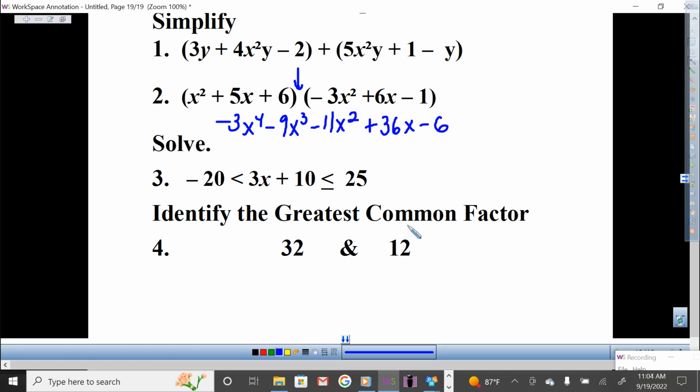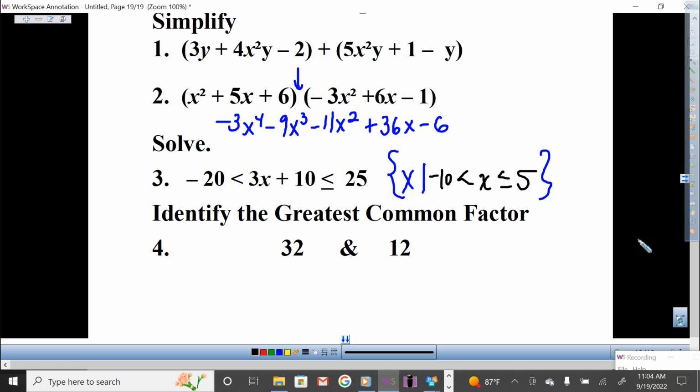Number 3, what'd you get for number 3? Noel, solution set of x such that negative 10 less than... Hands if you got that.